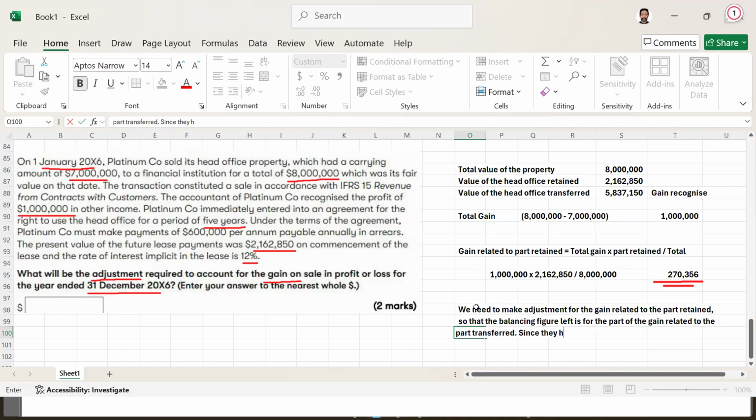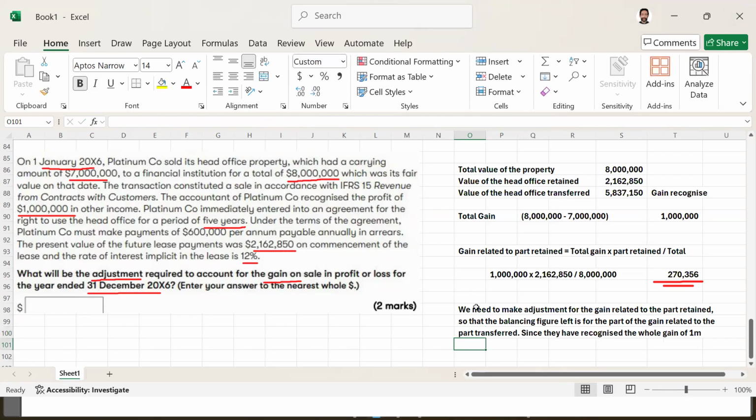Since they have recognized the whole gain of 1. I hope it makes sense now. Yes, students. Is it clear?